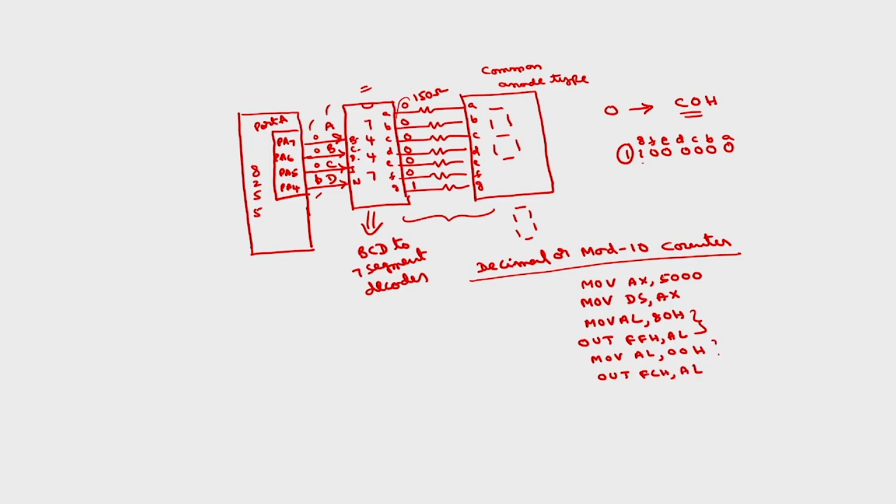With these two instructions, this 00H means 0 0 0 0 0 0 0 0. The last four zeros are the first 4 lines, PA7 to PA4, which are connected to ABCD. So ABCD is 0 0 0 0, which means 0 will be displayed. So with these two instructions, a 0 will be displayed on the 7 segment display.